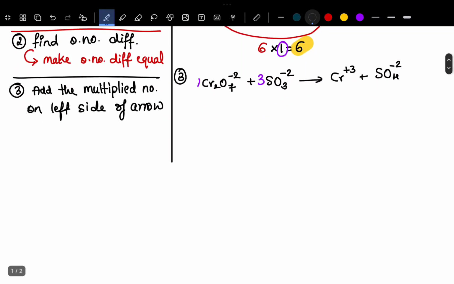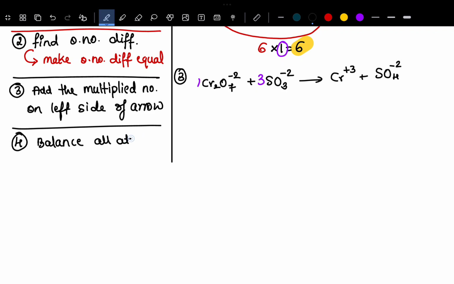Now once you are done with third step, go for the fourth step. So in the fourth step, what we need to do, we need to start balancing atoms. Alright. So in the fourth step, you have to balance all atoms. Okay. So here we have to balance all atoms except oxygen and hydrogen. Except oxygen and hydrogen.